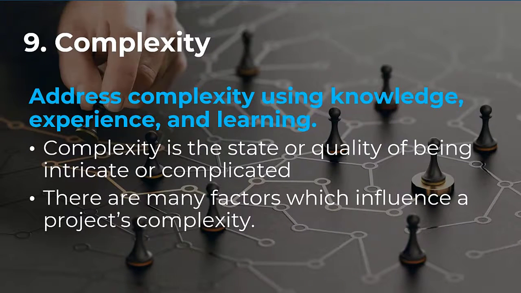So to start with the basics, most projects are complex, and you want to address this complexity by using the team's knowledge, by using the team's experience, and also lessons learned. Complexity, that is the state, or if you want, quality of being intricate, of being complicated, and obviously there are many factors which will influence the project's complexity.